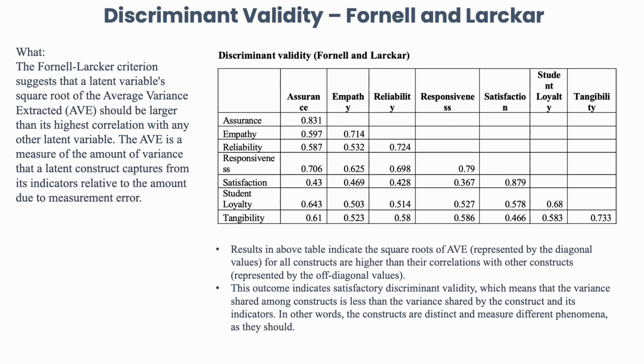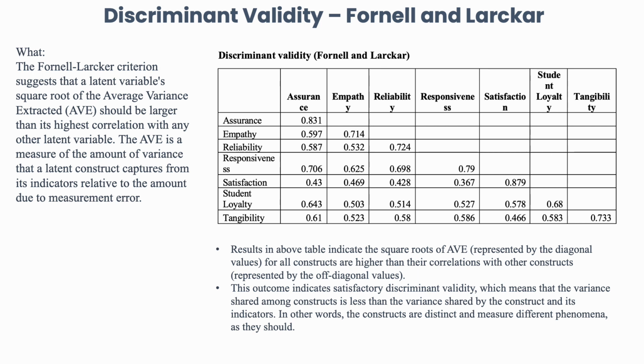Now, the discriminant validity of the measurement model can be assessed again through Fornell and Larcker. If we look at this table, it presents the Fornell and Larcker criterion, which examines the square root of the average variance extracted, AVE, for each construct against the correlations between constructs. The diagonal value represents the square root of AVE, while the off-diagonal value indicates the correlation between the constructs.